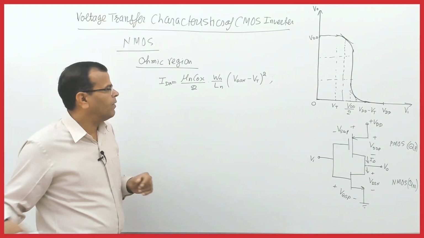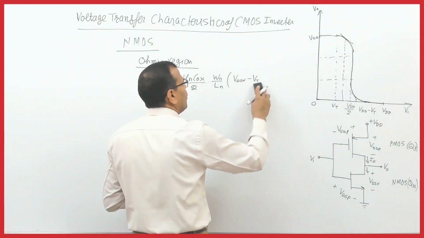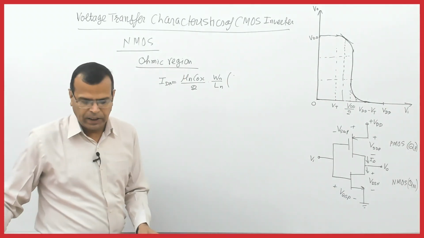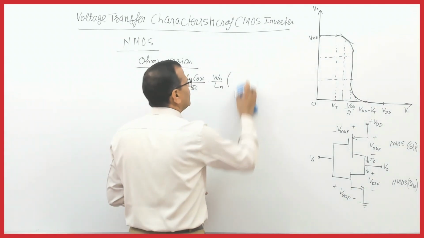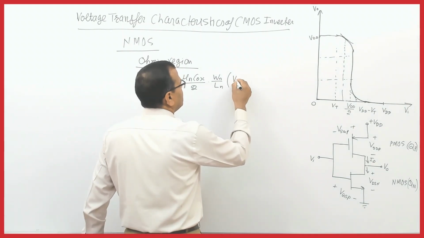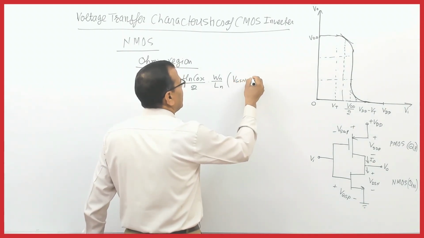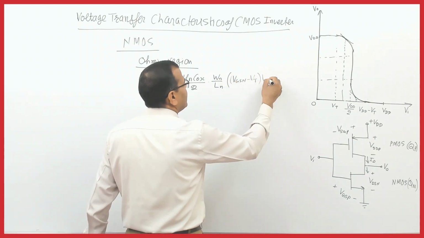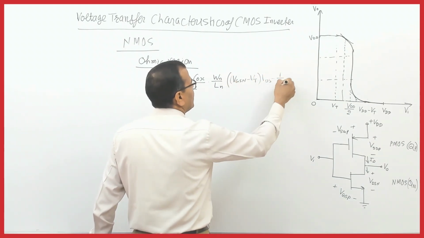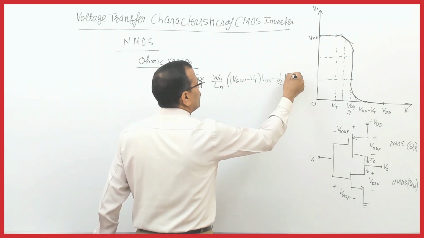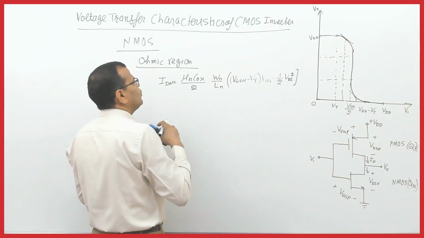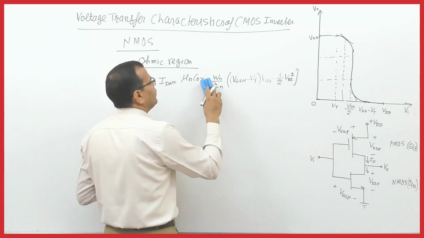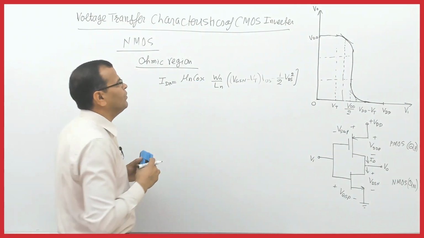So, what will be there for ohmic region? That will be VGSN minus threshold voltage multiplied by VDS minus 1 by 2 VDS whole square, and this 2 will not be there in case of ohmic region of operation.